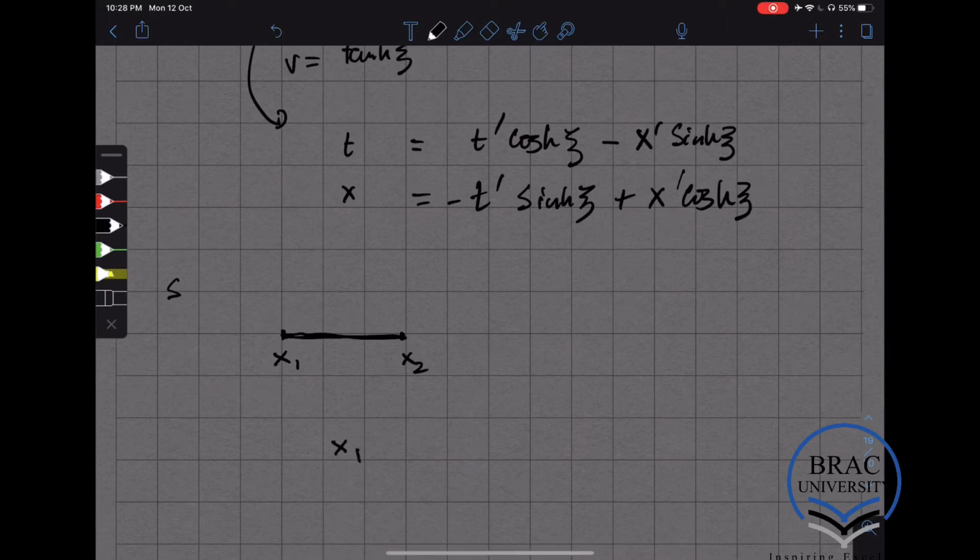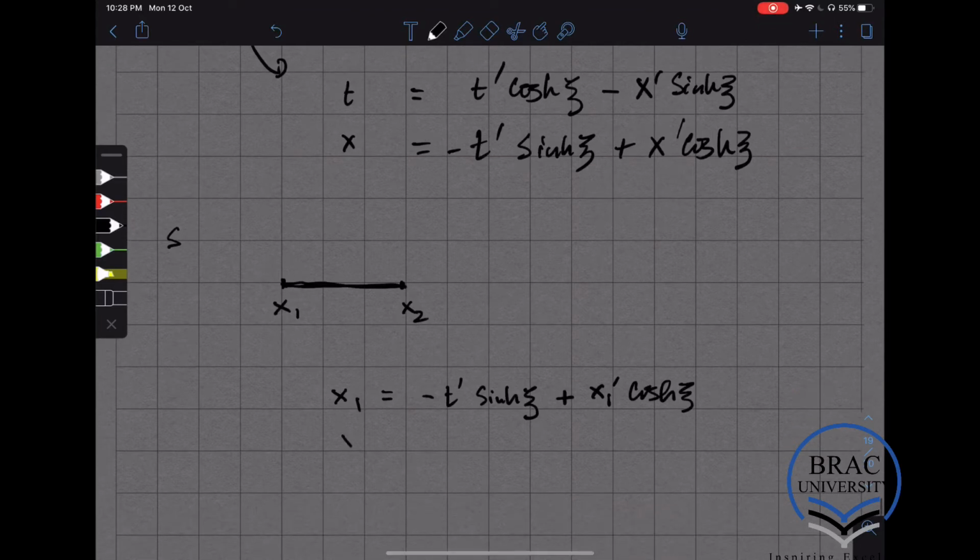The x1 endpoint is related to the new Lorentz frame coordinates, but we are measuring the length of this rod at the same time in the new reference frame. So the t prime coordinate needs to be the same. So x1 will be t prime sinh of psi plus x1 prime cosh of psi, and similarly x2 will be t prime sinh of psi plus x2 prime cosh of psi.